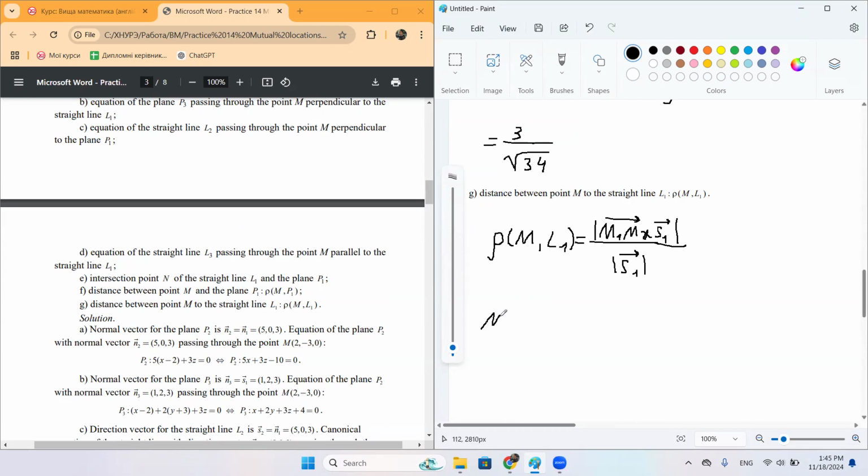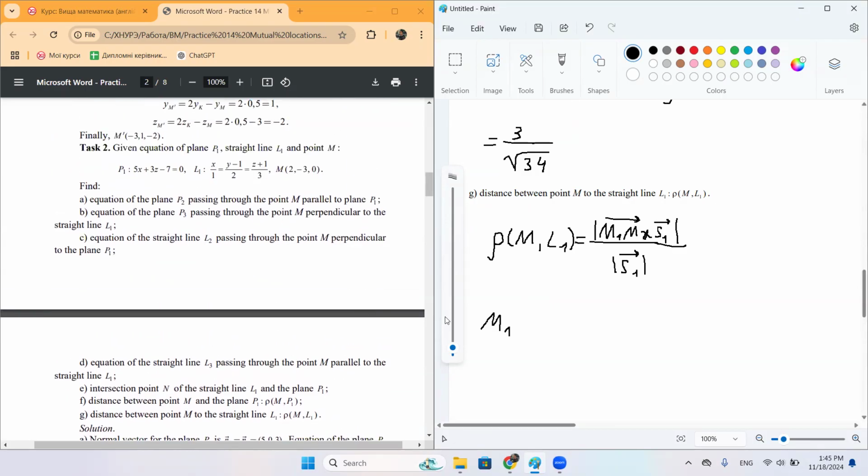So the coordinates of point M1, it is a point on the straight line L1. So 0, 1, minus 1, and it belongs to L1.